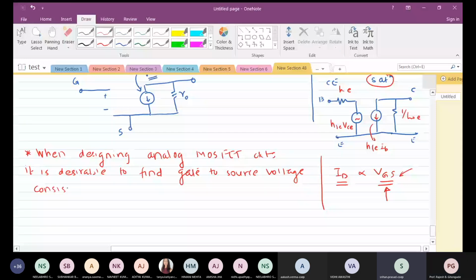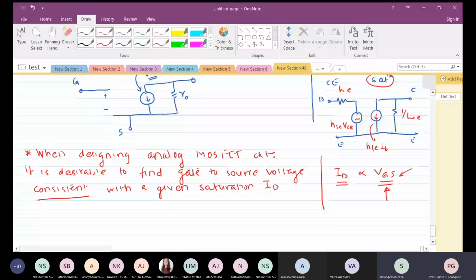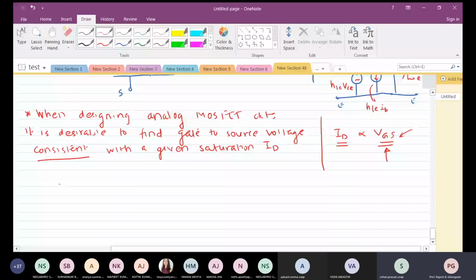This is important. Consistent with a given saturation drain current, if I modify this equation, one equation which we have already seen. What was that equation?